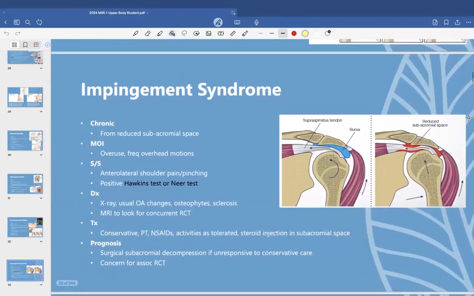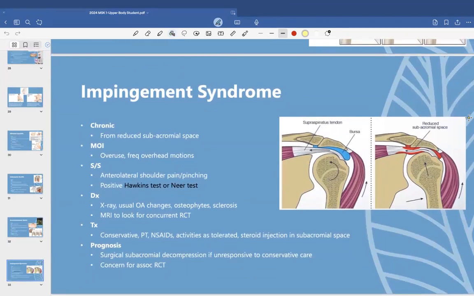So just a couple more slides. Impingement syndrome. This is a chronic issue from having less space than normal in that subacromial area. Anything come to mind? At first glance, what would cause less space there?